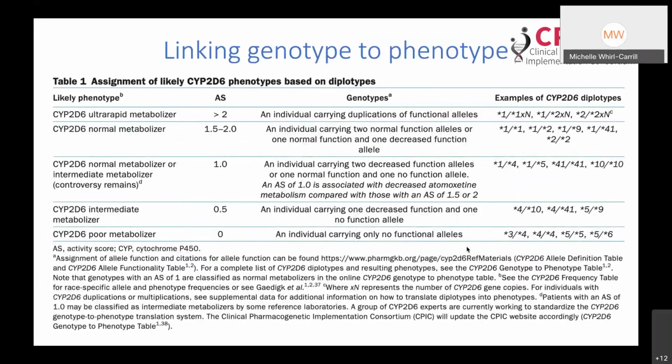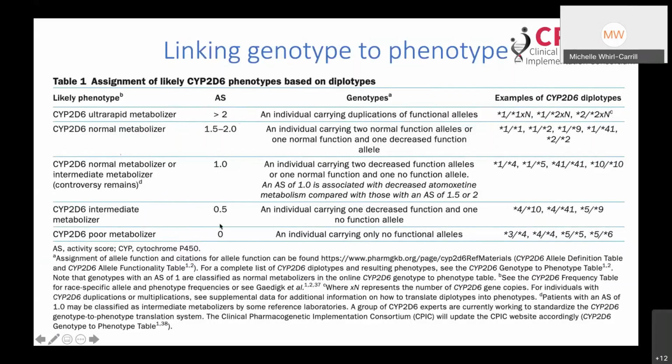The first thing we have to do to get a recommendation is we need to link the genotype to a particular phenotype. So in this case, we've got all different kinds of CYP2D6 metabolizer status, from ultrarapid to poor. CYP2D6 is a little bit of a special case.